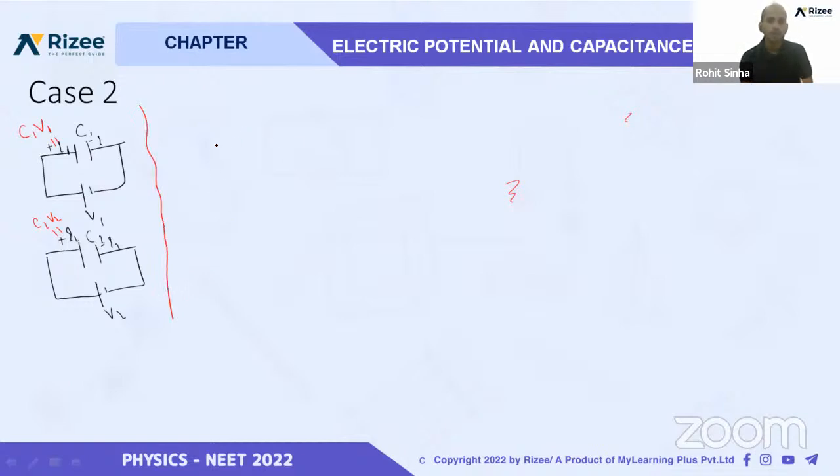What we do, we connect them like this. But what is the difference between the first and second case? This time we have connected like this. The positive plate of one capacitor we have taken to the negative plate of the other, in the opposite direction, like this.